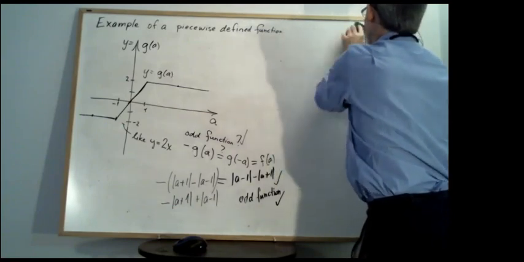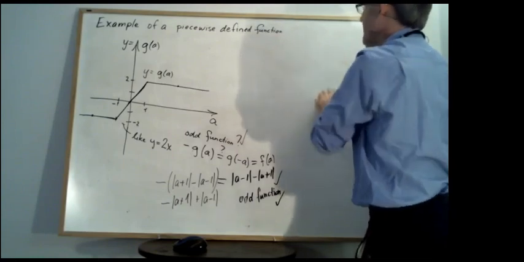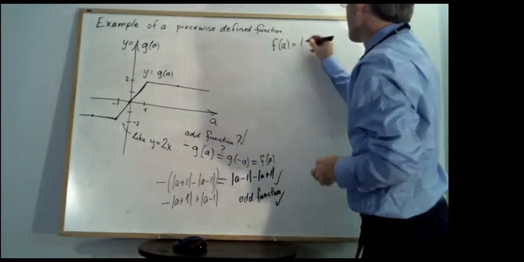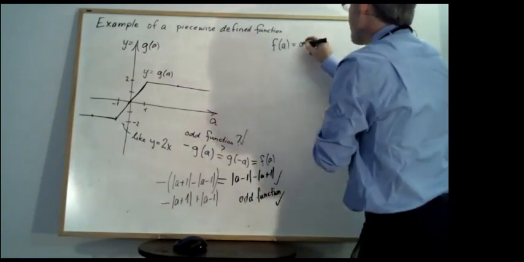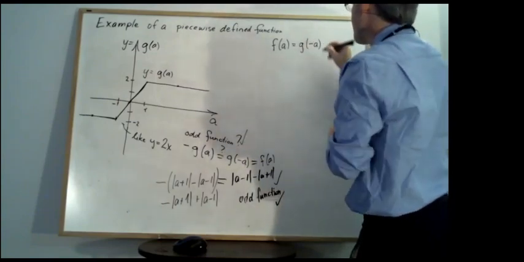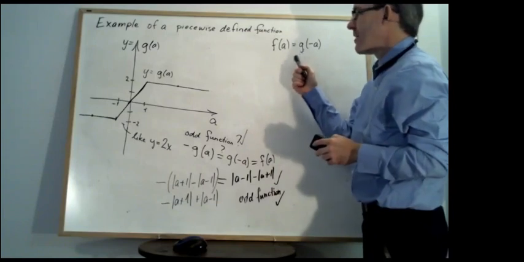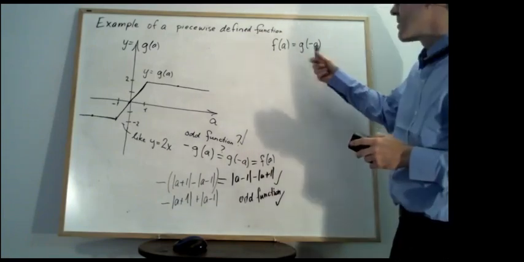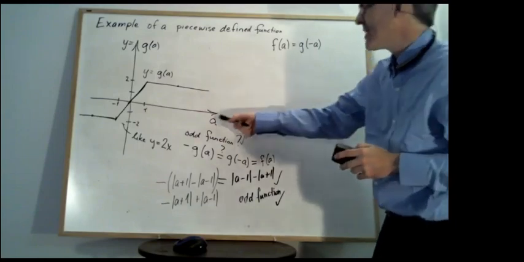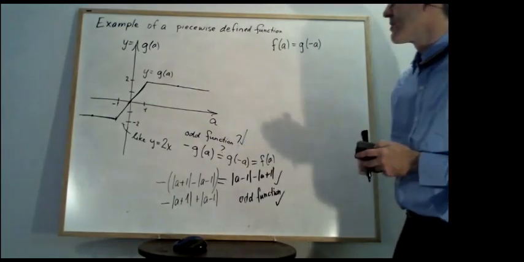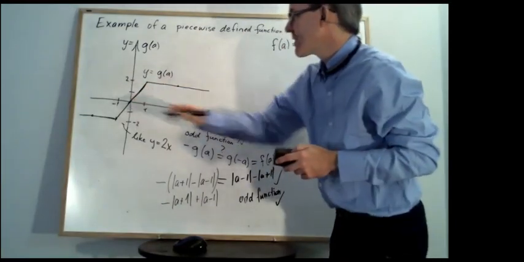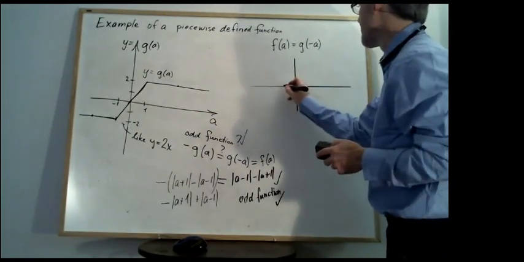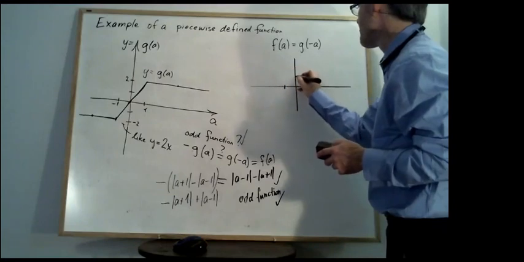f of a, the original function, what does that look like? It's the reflection of g of a about the a axis. So I take the whole graph and I flip it down like this. So what I should get then is, here's minus 1, here's plus 2.